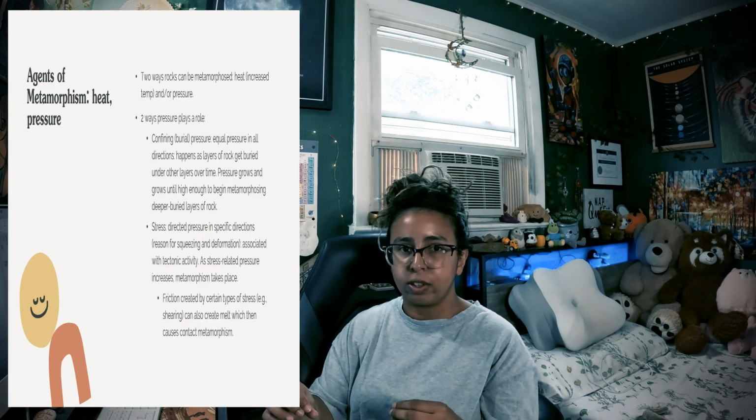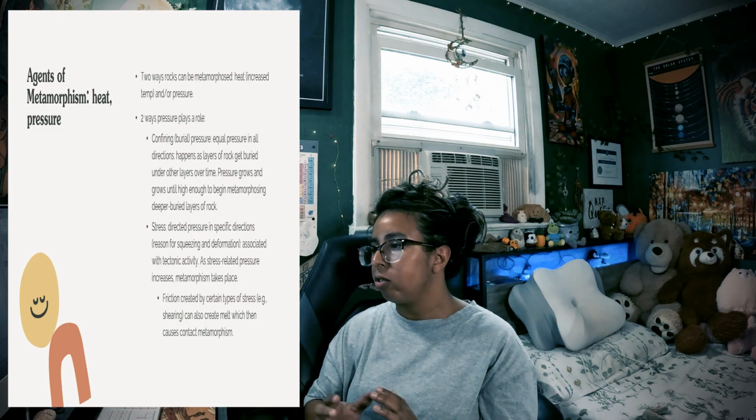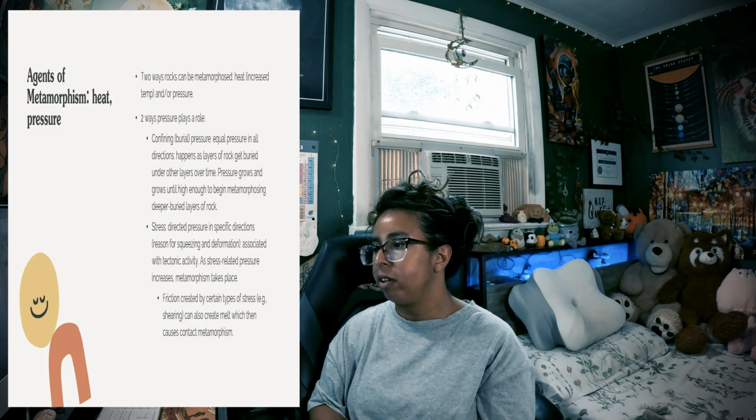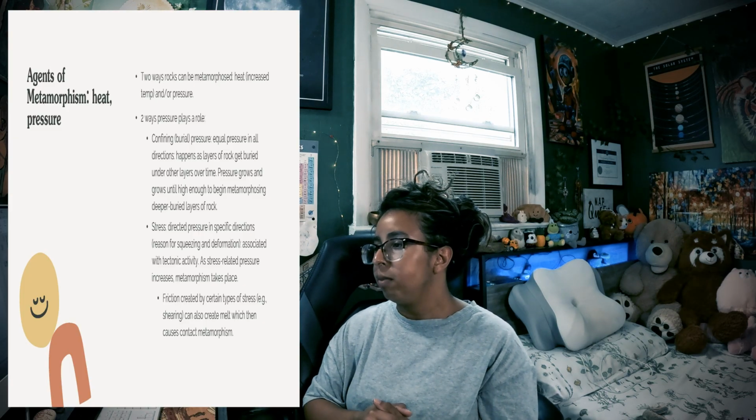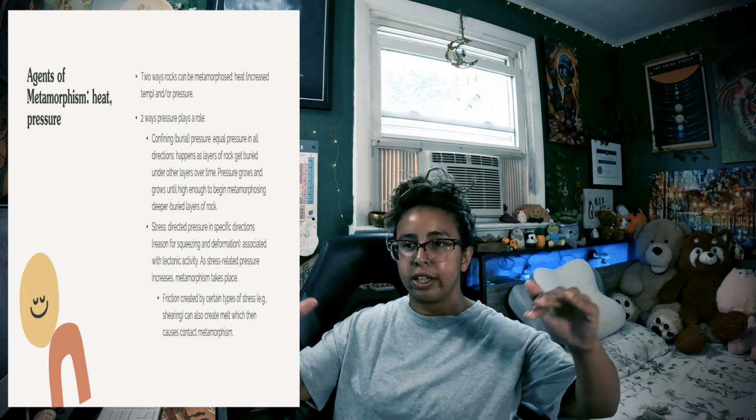The agents of metamorphism, like I said, are heat and/or pressure. Contact metamorphism and all that stuff that has to do with that falls under the category of heat, just so you're aware. So there are two different kinds of pressure that can be involved in metamorphism. It can be confining pressure, which is equal pressure on all sides.